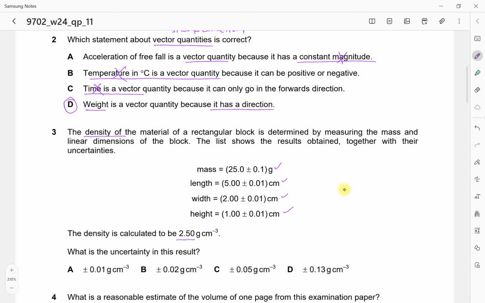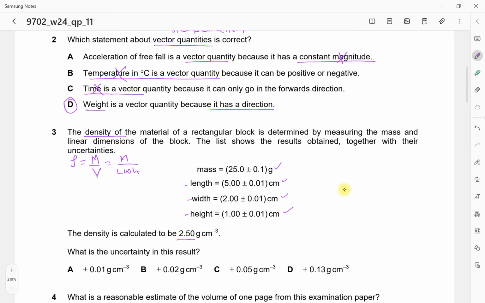Because the density is already calculated, I will not calculate the density again, but it is calculated from the formula density equals the mass divided by the volume. Since they gave us length, width, and height, density is going to be the mass divided by the volume, which is length times width times height.